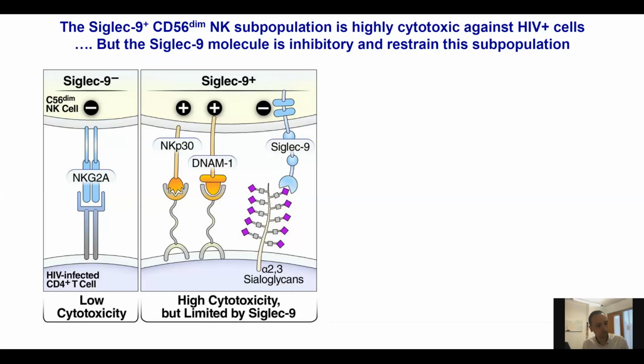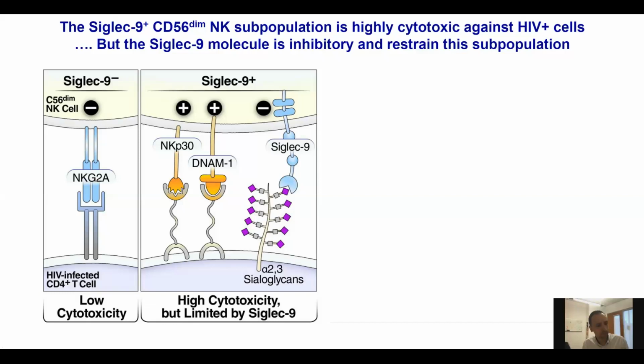However, we also found that the expression of Siglecs is still restraining their full cytotoxicity. And if we were to block this interaction, we could unleash even higher cytotoxicity against virally infected cells from these already highly cytotoxic NK cells.